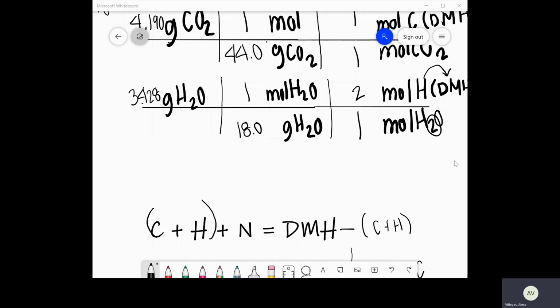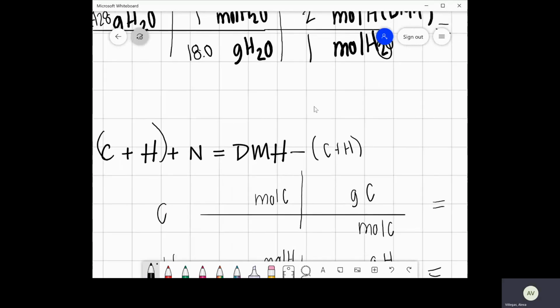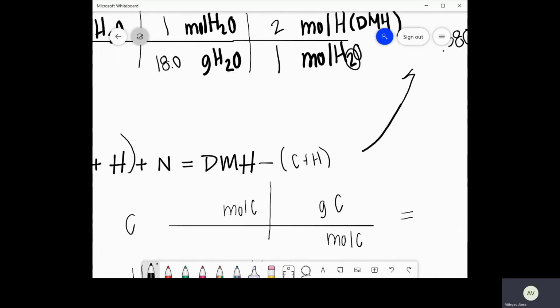What you're going to do here is you're going to sort of work backwards. You simply can't add the carbons and hydrogens together as you have them. So instead, you're going to convert to grams, but use these molar values that you just found, and that's how you'll find your most precise amount in grams.